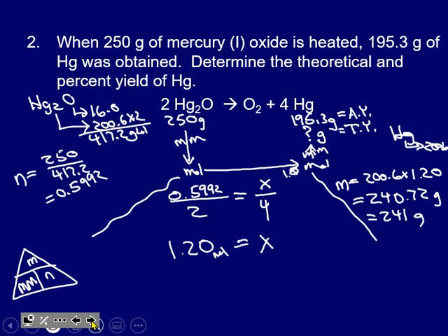Now we just do our percent. Percent yield. Oh, I hate the word yield. It's got one of those IE things in it. Percent yield is, what did we get? Actual, 195.3, theoretical, 241, times 100.